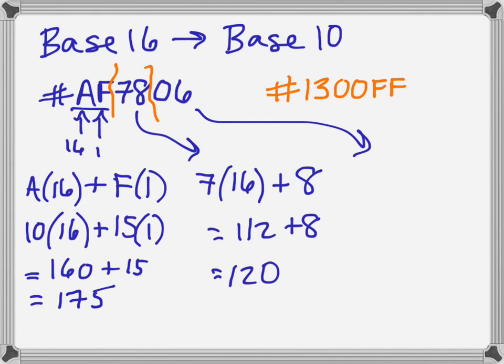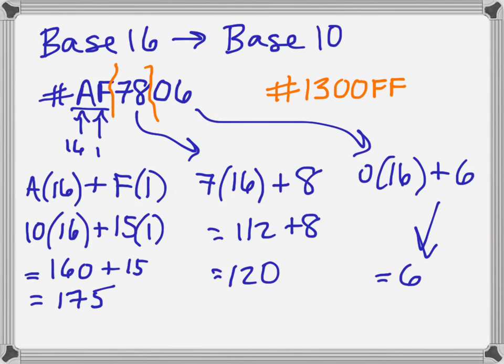I can go through this process, but you may also want to take a shortcut and realize that anything less than 16, so the numbers 0 through 15, would be exactly what they are. 06 is just going to be 6 in base 10 as well. For 15, you won't actually see 15; you're going to see 0F, and that would be 15. So if you actually see 15, that may not actually mean 15. In this case we've got 0 groups of 16 and 6 ones, and that's 6 as we expected.